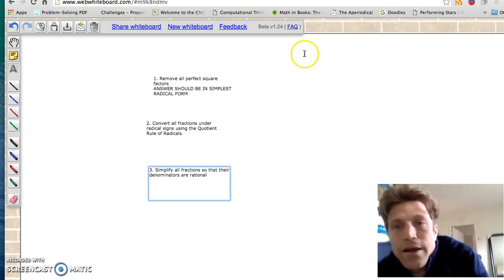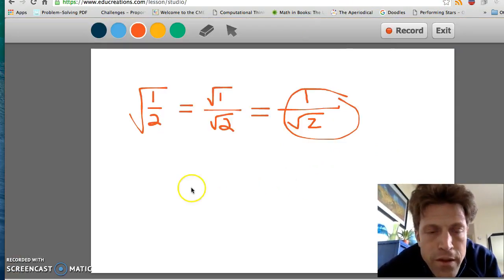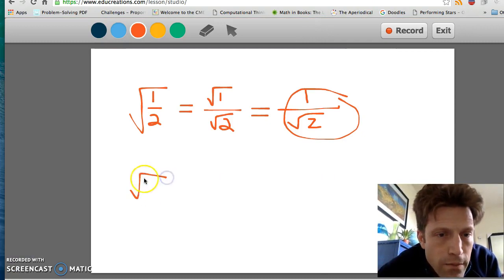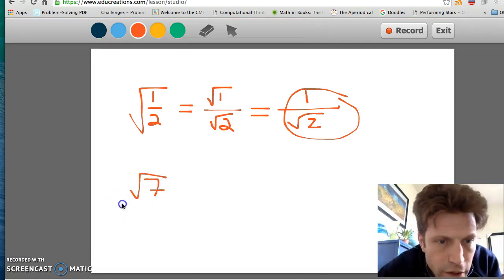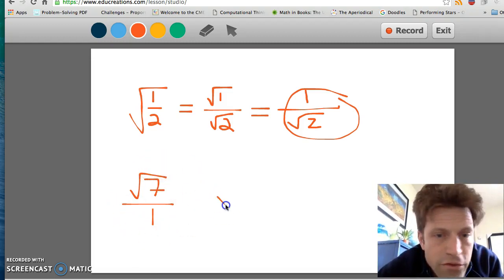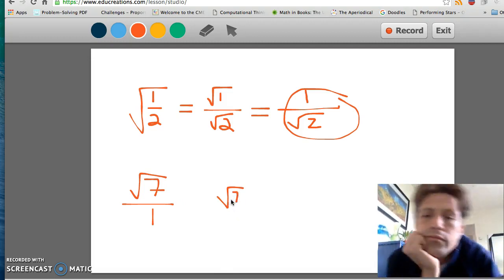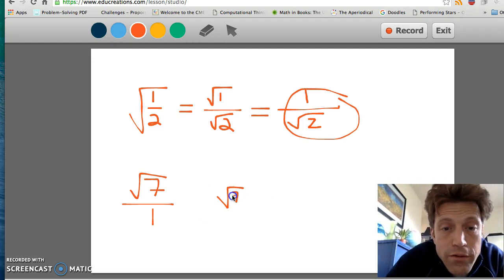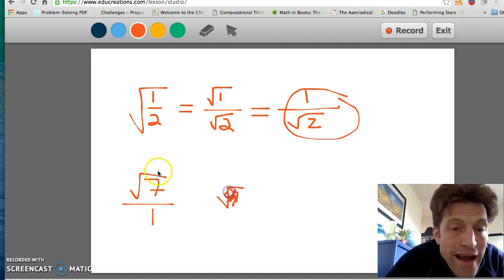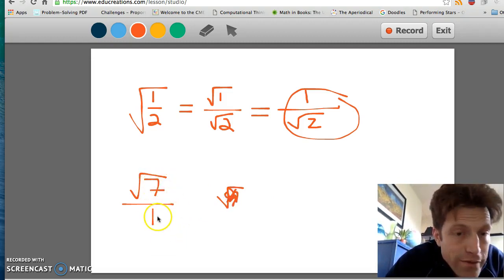If I have an irrational number, there's no way I'll be able to get the radical out of the numerator and the denominator.